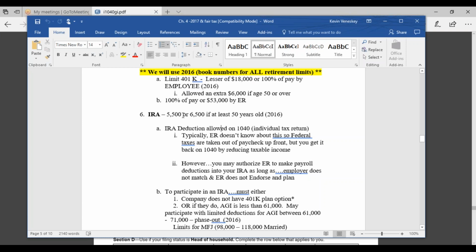So if you put in $5,500 into an IRA, you're actually paying that with after-tax money, so you were already taxed on that money, but then you get to deduct $5,500 on your tax return, so therefore it's kind of like you didn't get the $5,500 because you're reducing it from your income. However, you're still paying the Social Security on that because you were originally taxed on that $5,500.